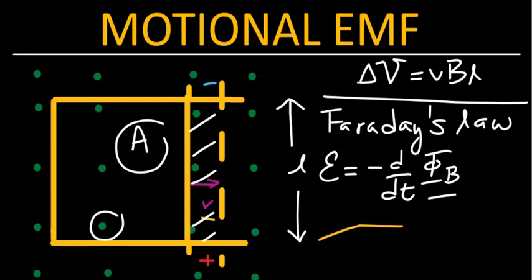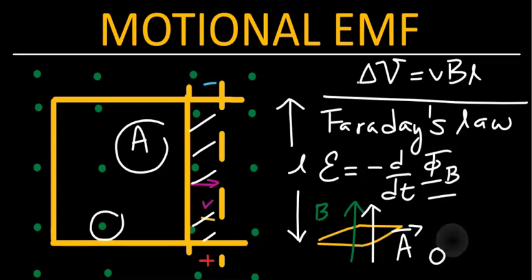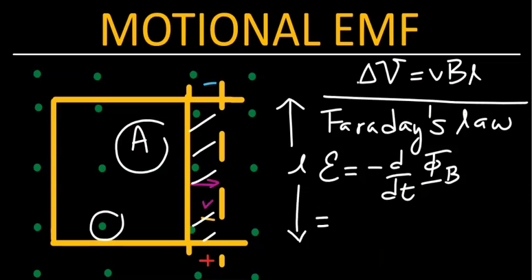Also, if you look at this view of the system, the magnetic field is going like that, and the area vector is also going like that. So the angle between them is 0 degrees, cosine 0 is 1. What that means is the above equation will simply become minus B d/dt A.